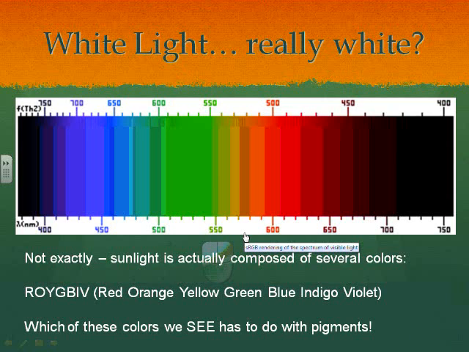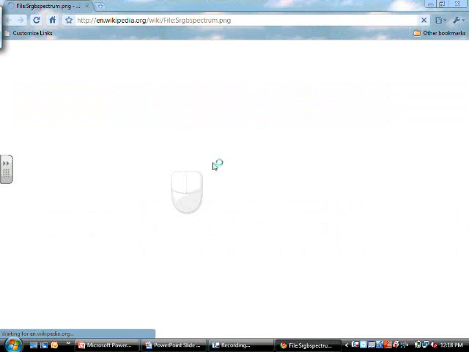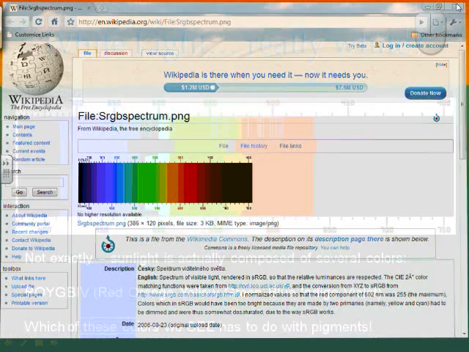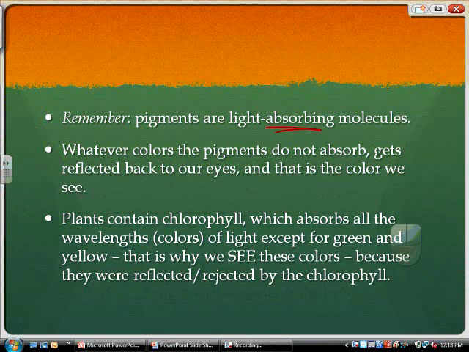All the color spectrum of light combined is what gives us white light, and we're able to see colors because of the different pigments found in items, living things, or objects. So, important thing to remember is that pigments are light absorbing, but what you see is what does not get absorbed.